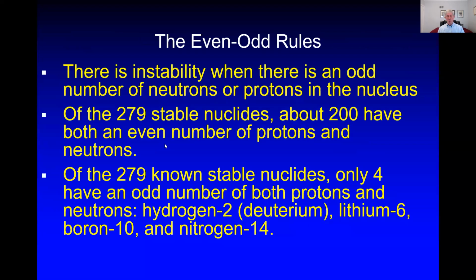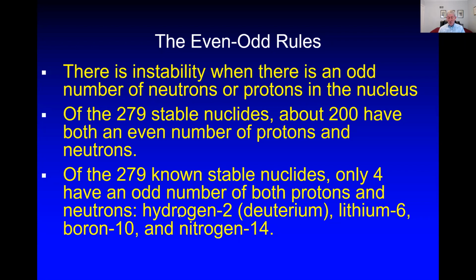So first, let's look at the even-odd rules. Here's what it says. If the number of neutrons and the number of protons are both odd, you can expect instability. Now, let's look down at the bottom of the slide here. There are only 4 known nuclides out of 279 stable nuclides that are odd-odd.